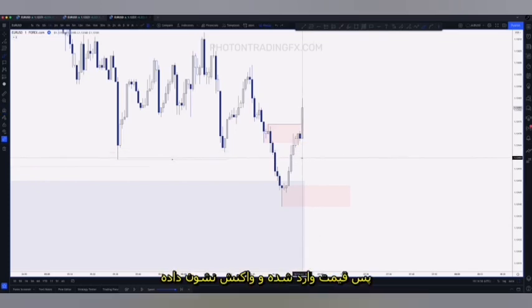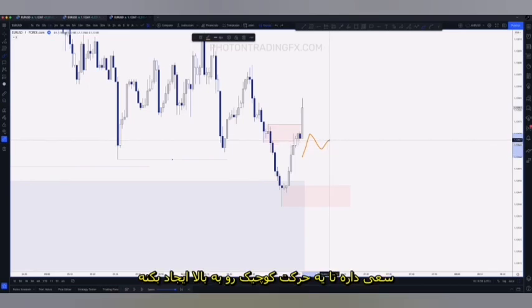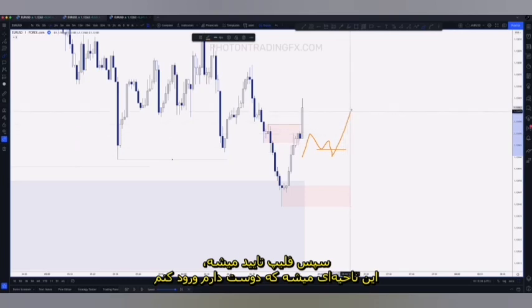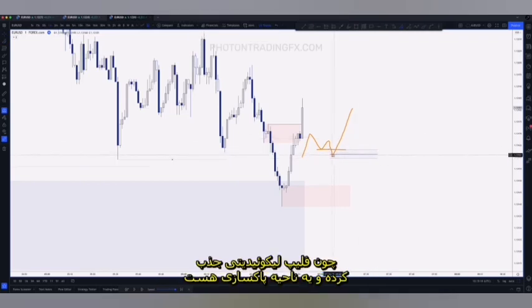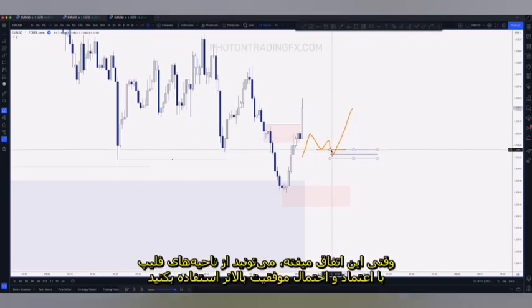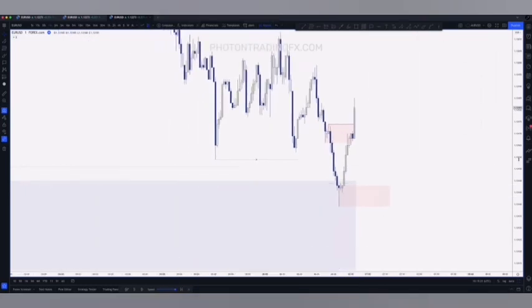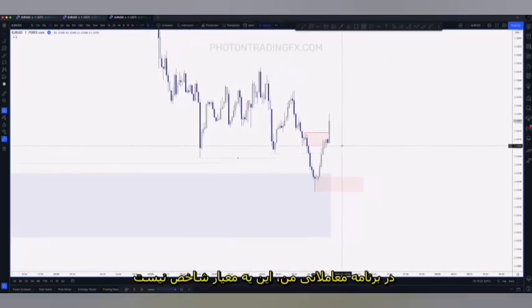So if I try and make that clearer, price would come in to supply, it would react, try to make a bit of an up move there, then it would come down, sweep the liquidity below that low, then we would have the confirmed flip, and this would be the area in which I would want to enter, because that flip grabbed liquidity and it's a sweep zone. When that happens, you can take flip zones with a lot more conviction and a lot more high probability that we are going to react from here and not come down to the extreme. Now, in my plan, I do not have that as a strict criteria.